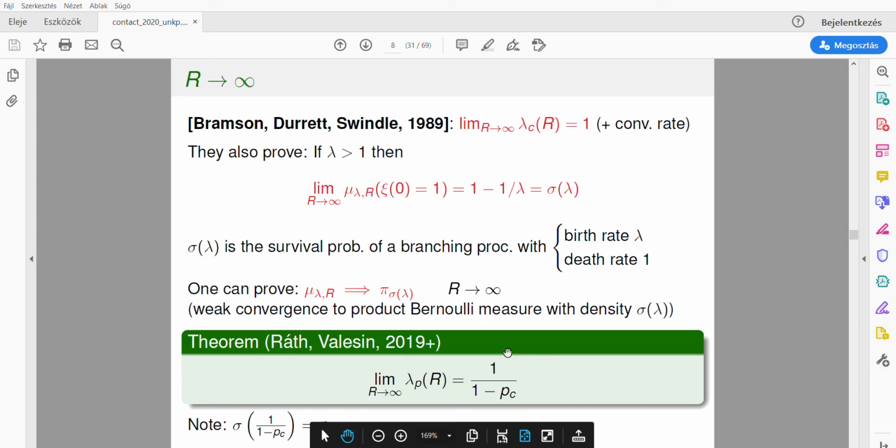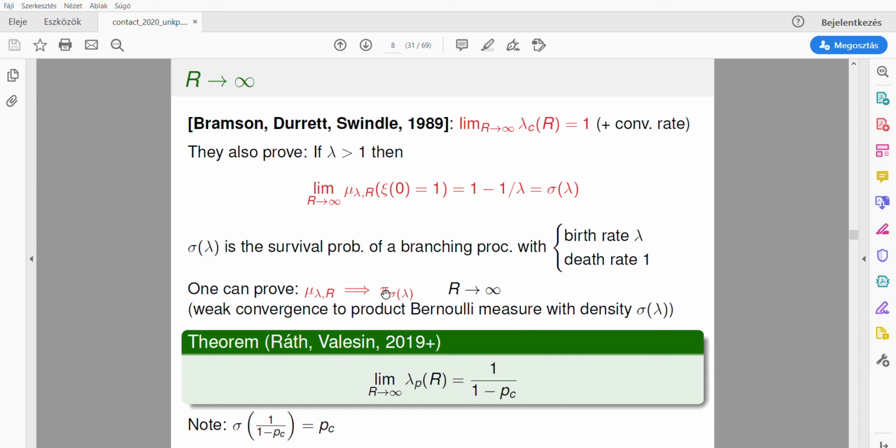This is equal to 1 over 1 minus p_c, where, as a reminder, p_c is the Bernoulli nearest neighbor site percolation threshold of Z^d. Since p_c is strictly less than 1, this 1 over 1 minus p_c is finite, and since p_c is bigger than 0, it is bigger than 1. So this limit is strictly bigger than 1, but finite.